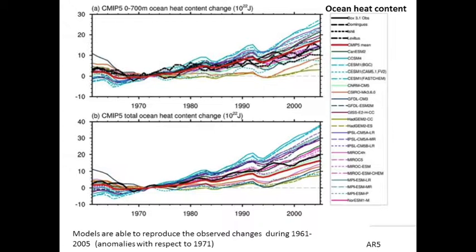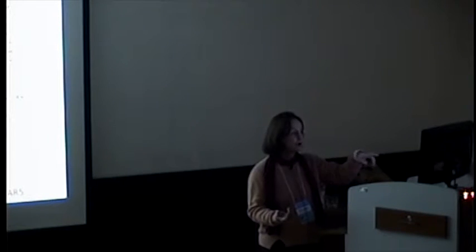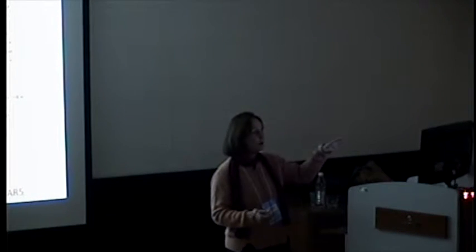And this is the observation of this heating since 1961 to 2005, observed, and the multimodel as well. The red line is the CMIP5, and we see that there is an agreement in the evolution of this heating.